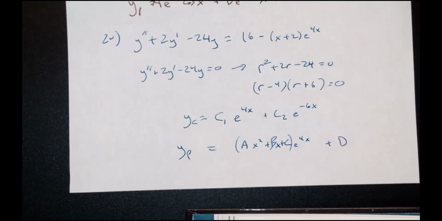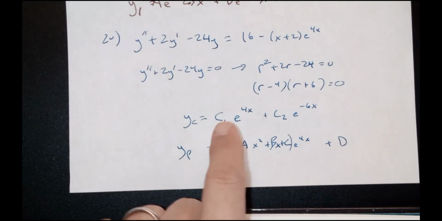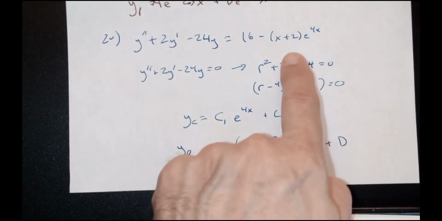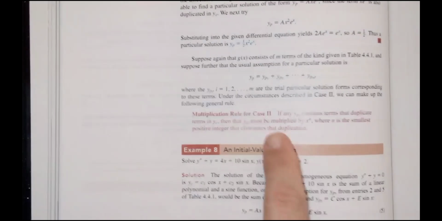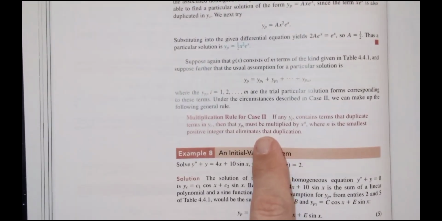If any yp term contains things that duplicate terms in yc, then we must get more x's multiplied in until it is different than the stuff in yc. So I'm wrong, and we only need x e to the 4x because I'm only trying to make it different than this, not that. Multiplication rule 2, page 148.